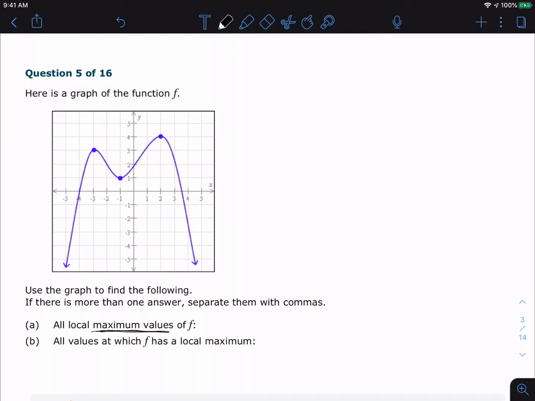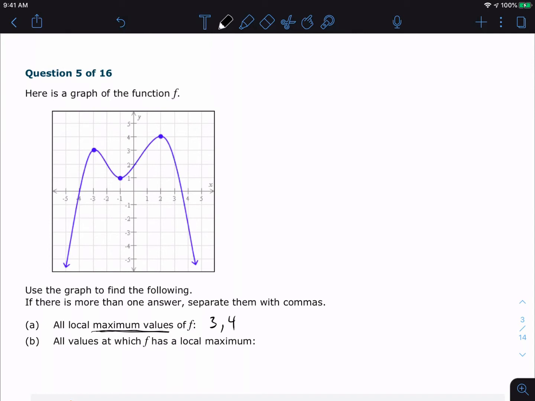It's not asking for where the location is. It's asking for what the actual value is. So isn't this one going to be at 3? Right? It's at 3. And this one's going to occur at 4. So there are your two y values for the maximums.